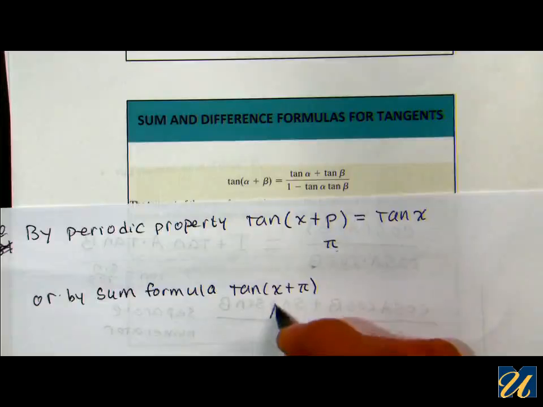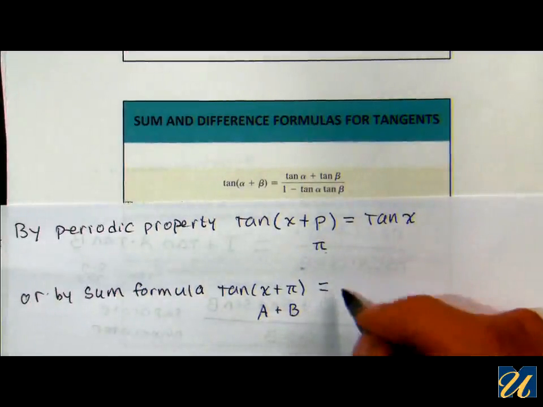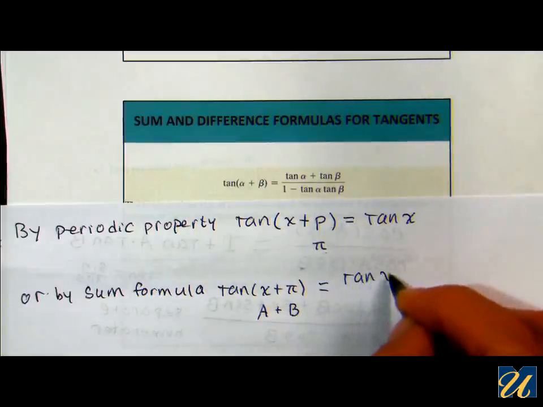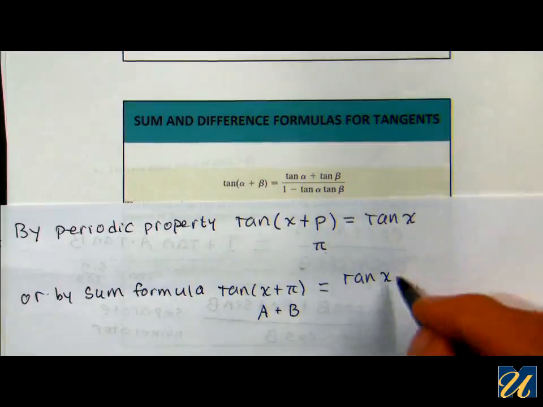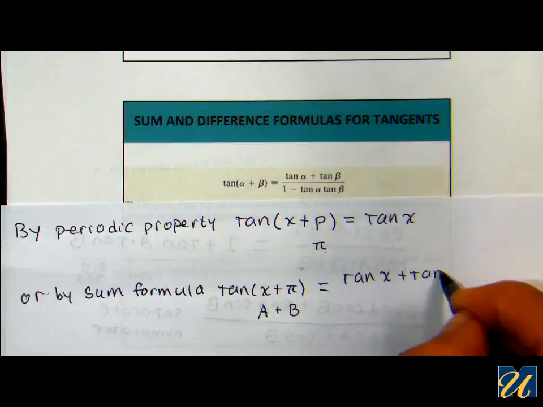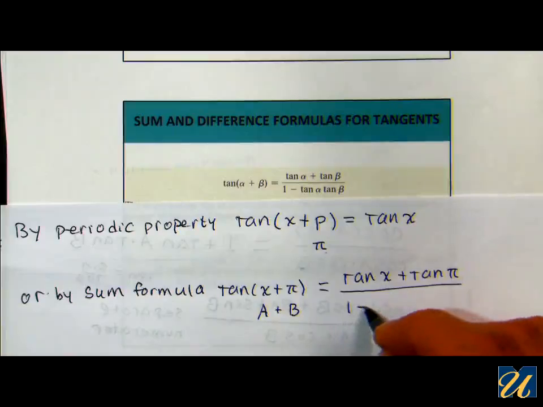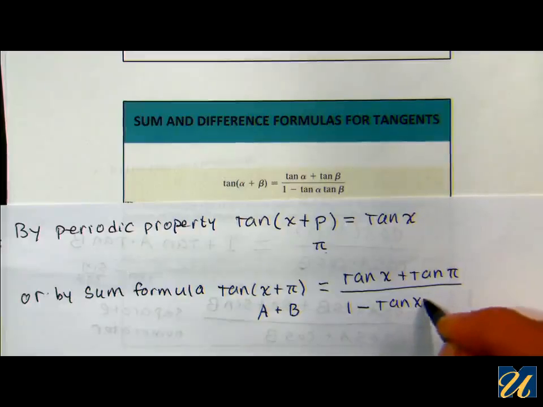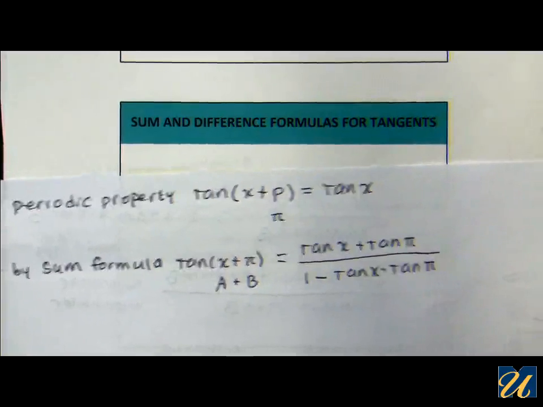Okay, so that's your A plus that's your B in your formula. So this will be equal to the tangent of A, that's x, plus the tangent of B, B is pi, divided by 1 minus tangent of A, that's x, multiplied by the tangent of B, that's pi. Okay, so we got the sum formula right there.